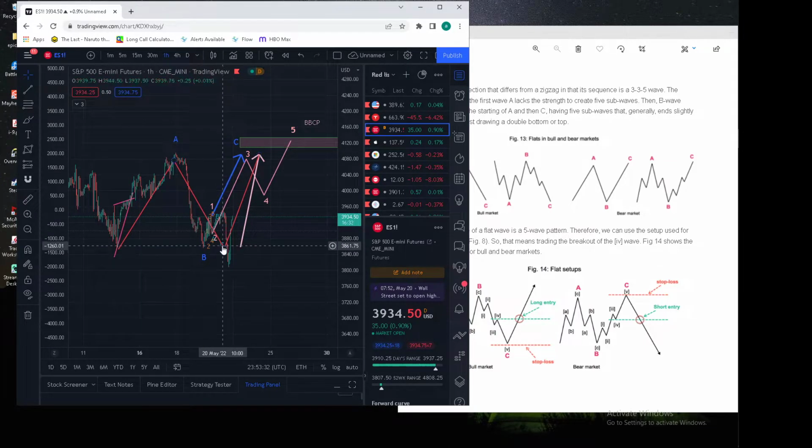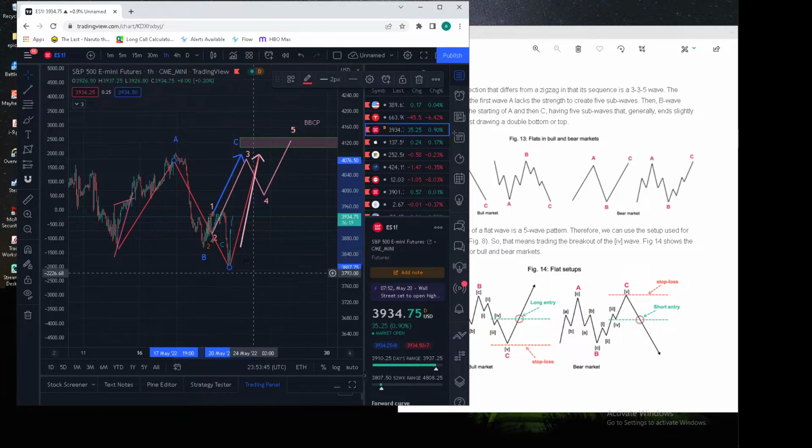Because once we broke below that 385, I was like, oh, okay, the pattern's off. But it wasn't, because these can expand a little bit, not too far, but a little bit outside of that bottom right there, and actually still slingshot up.